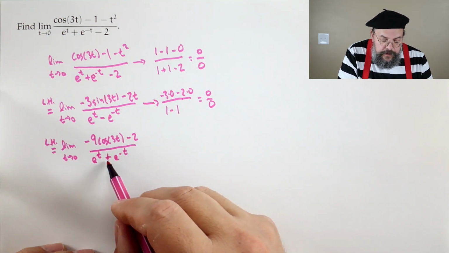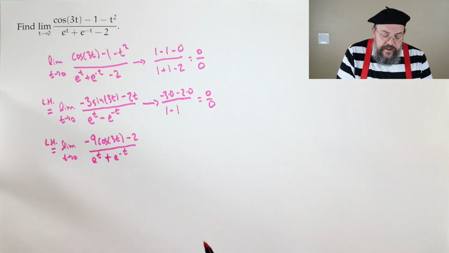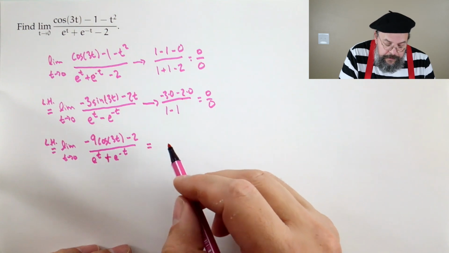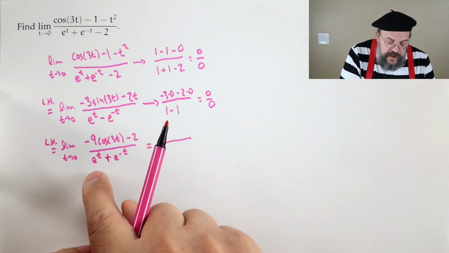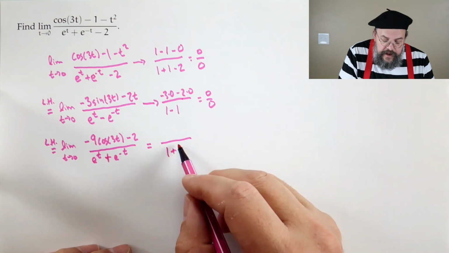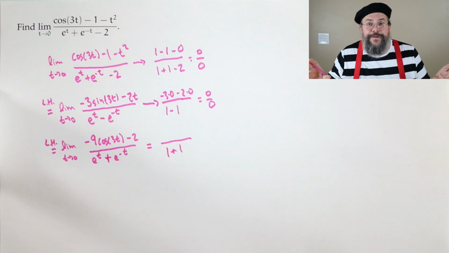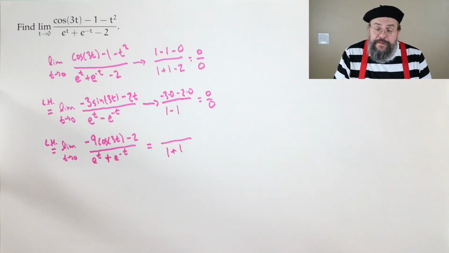And now we scan and say, looks like things aren't going to be canceling. So it looks like we're going to be done. So what does this do? Well, downstairs, e to the 0 plus e to the 0, 1 plus 1. See, now that's not a 0 downstairs, so it means definitely game over. How about upstairs?